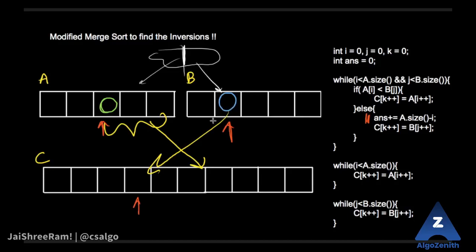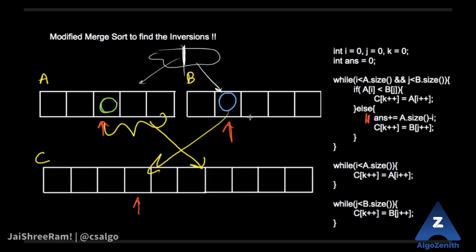So this value must be smaller than all these, but its position is after these. So all these elements will pair up with this particular element and give us inversion pairs. So we just add the count of A dot size, that is the number of elements, minus i. I equal to 2 means there are 2 elements processed, so we know that these 3 elements will give a pair of inversion with this particular element. So this is the whole idea.